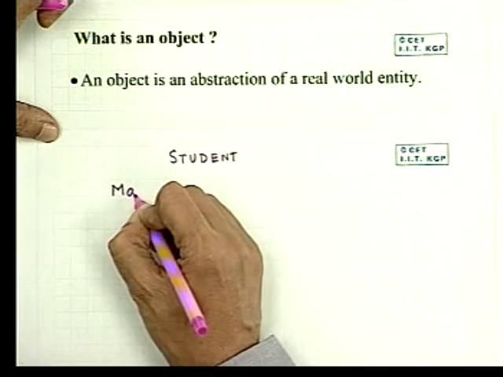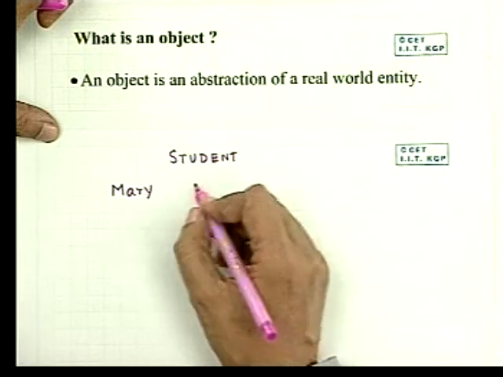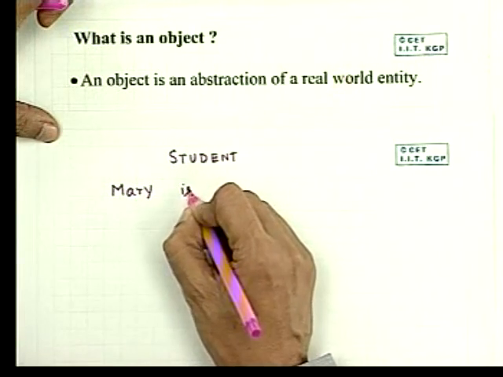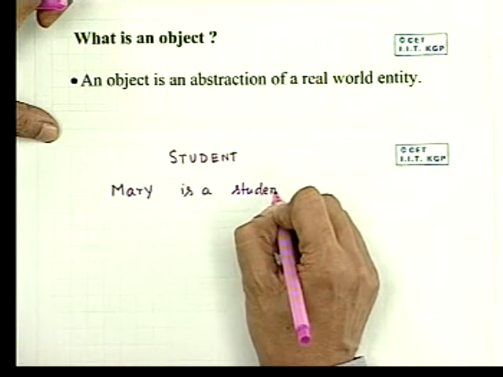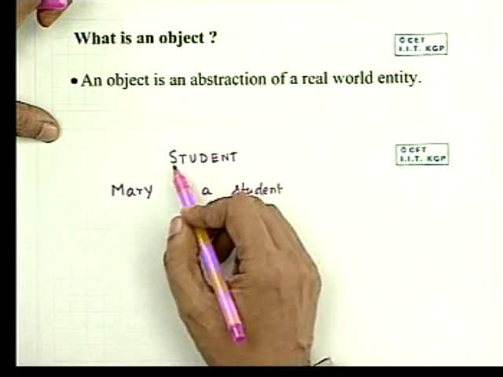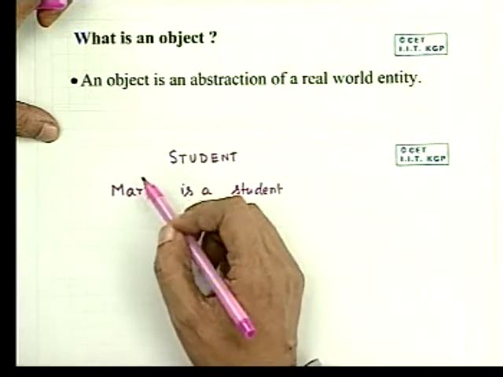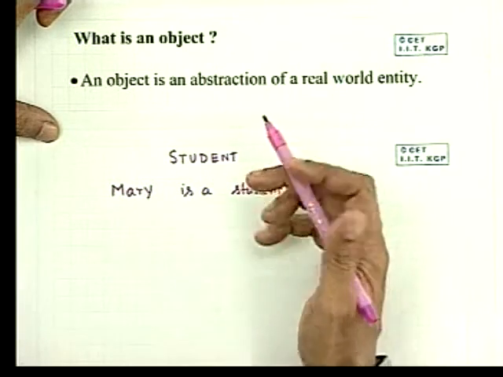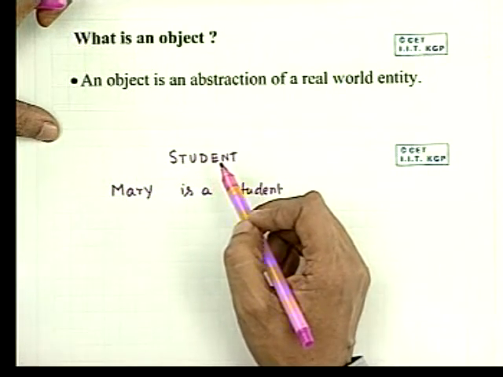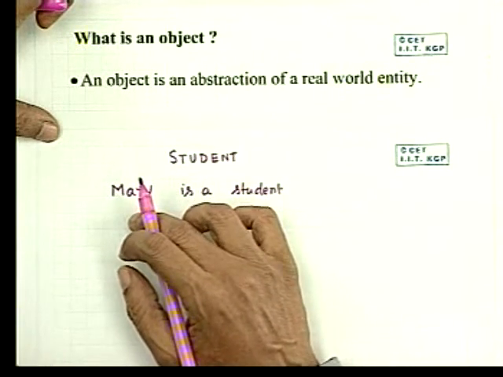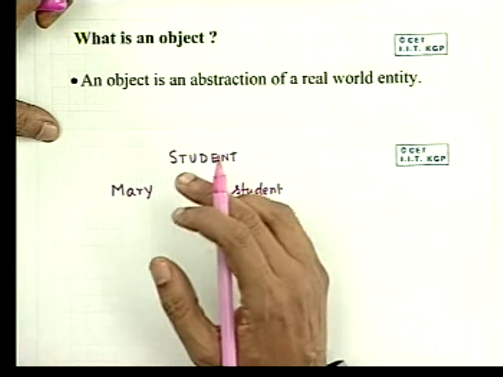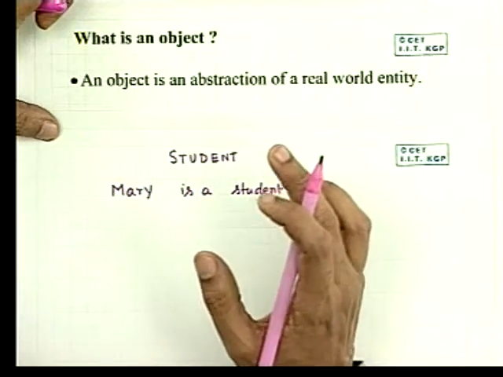Mary is an object of type student, and therefore it's an abstraction of a real world entity, the student, and Mary is an instance of that student class, as the concept of class will come.